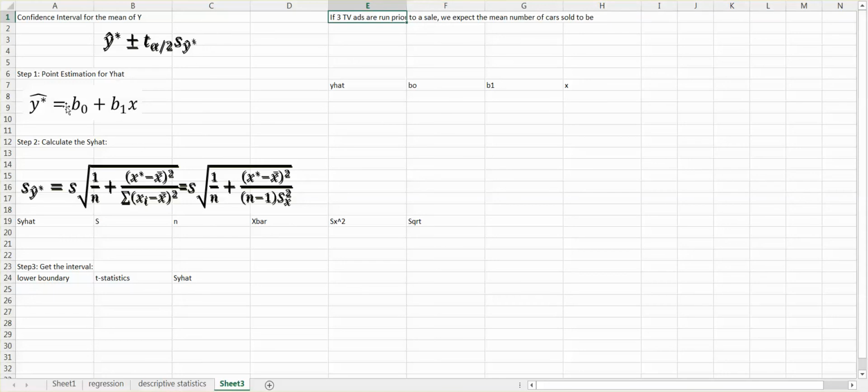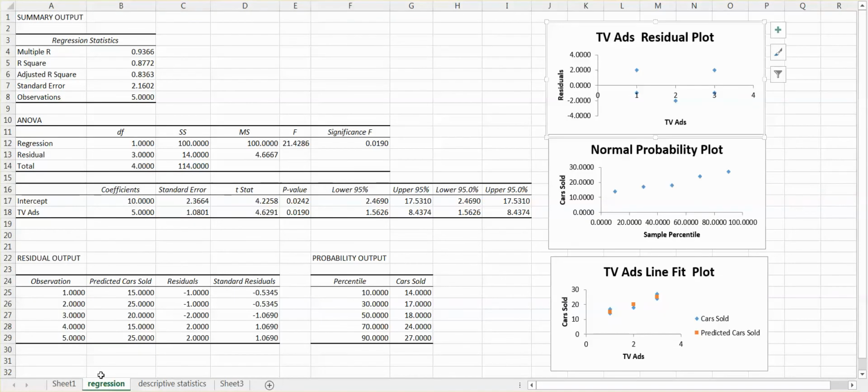In our regression analysis, we already know what our estimated regression equation looks like: y hat equals b0 plus b1 times x. To find b0 and b1, as I mentioned in the previous video about how to read the regression analysis result, let's go back to the regression analysis result.